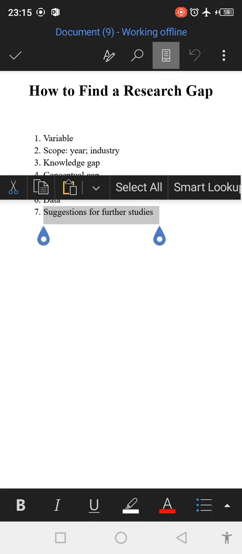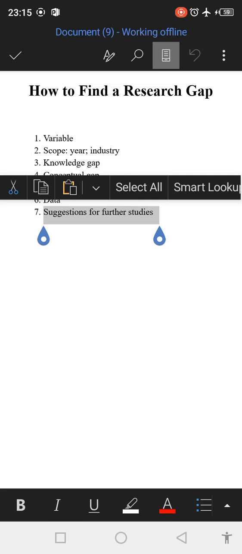It doesn't entail any empirical analysis. It doesn't entail you to go to the field to gather data either qualitatively or quantitatively. All you just need to do is to do a systematic literature review and consider their findings, consider their conclusion.